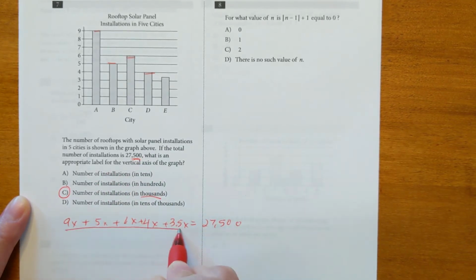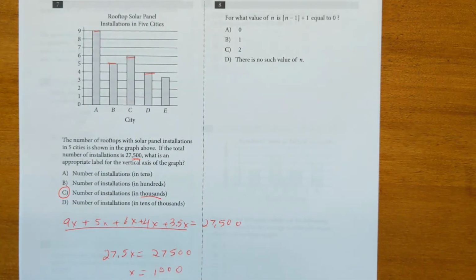So if you add up all of the x's here, 9 plus 5, 14, plus 6, 20, plus 4, 24, and then plus 3 more is 27.5x, equals 27,500. Divide, and you get x is equal to 1,000. So the graph is counting by thousands.